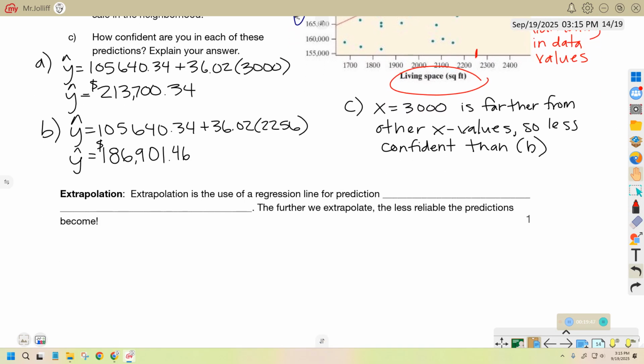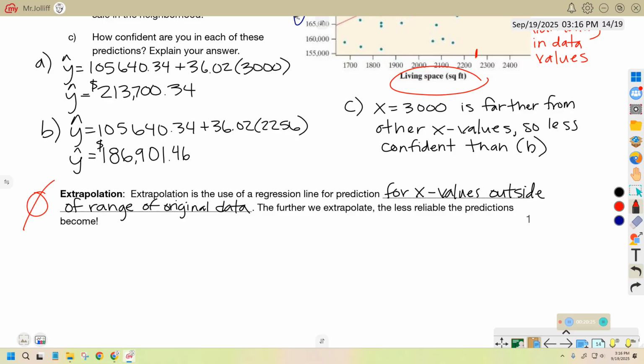Extrapolation is when we take a model and we use it for prediction for x values outside of the original range of x values. And as a general rule, statisticians would caution you to not do extrapolation.